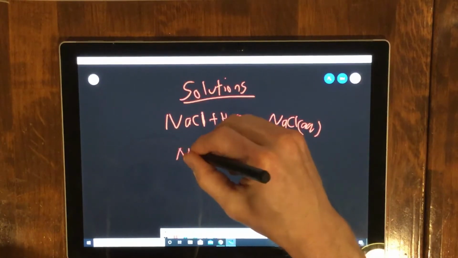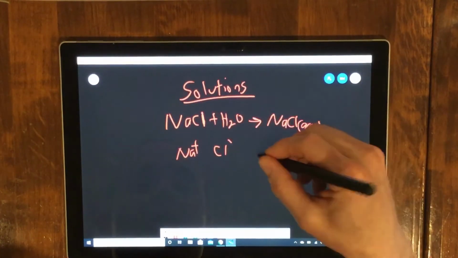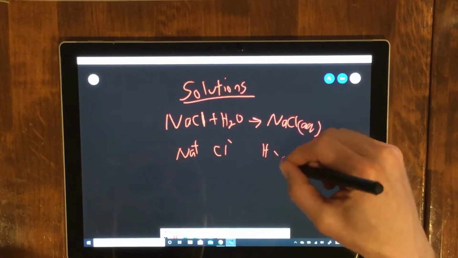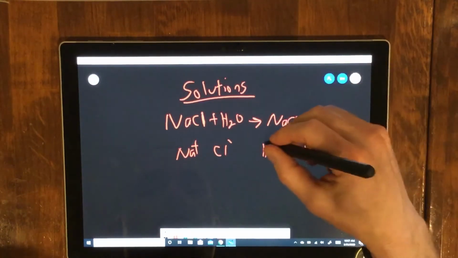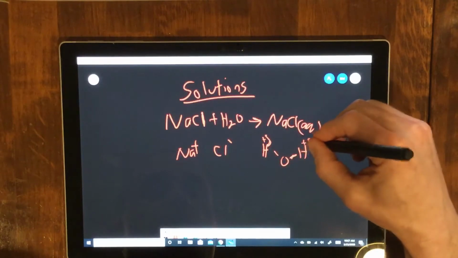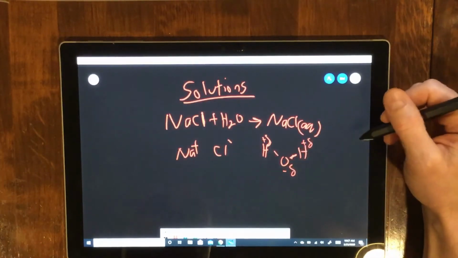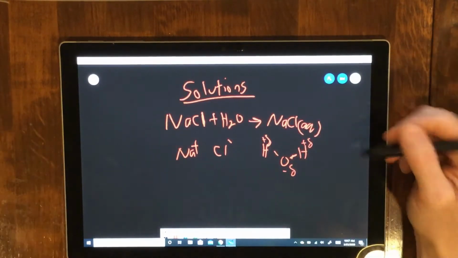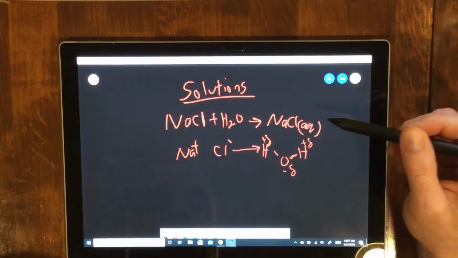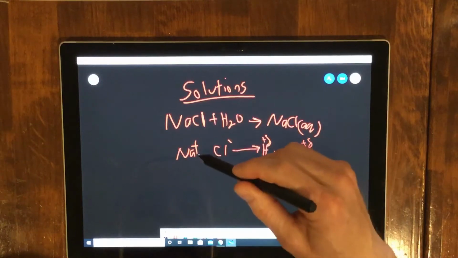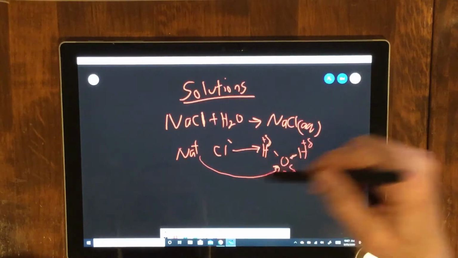So you have Na+, you have Cl-, and then you have your water, which is polar. So it has partial positives on the H's, partial negative on the oxygen. So the reason salt dissolves in water is because the Cl- is attracted to the H+, and the Na+ is attracted to the O-.